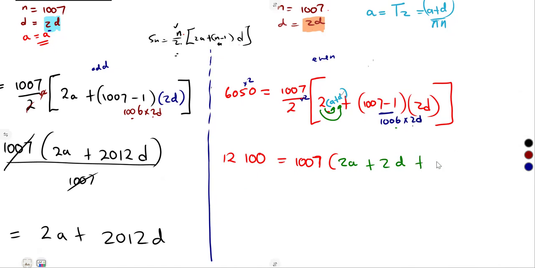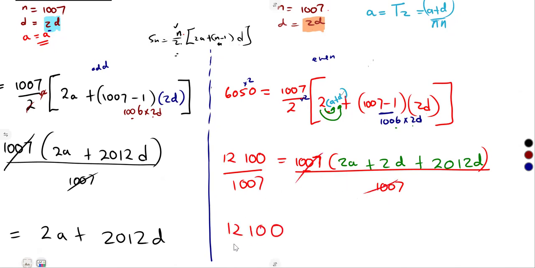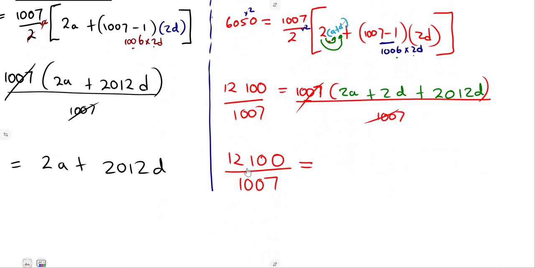1006 times 2 is going to be 2012. So 2012D, there's a D there. And just like the previous case, divide by 1007, that was going to cancel. So on the left hand side now, we have 12,100 over 1007.